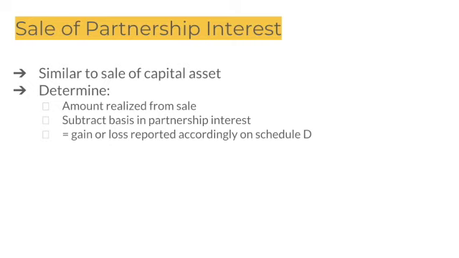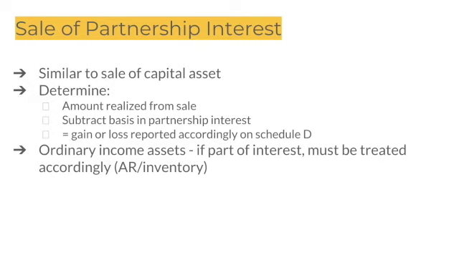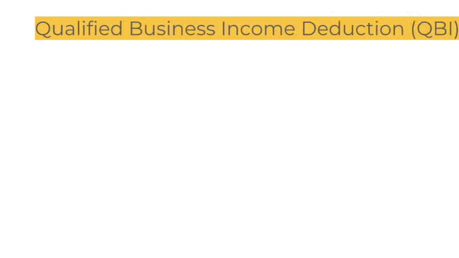We report it on Schedule D, just like with other assets. If there are ordinary income assets involved in the interest, then they have to be reported as ordinary income. Remember, that's accounts receivable and inventory. They're taxed at ordinary income rates.